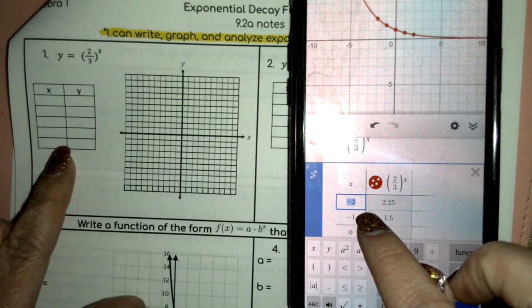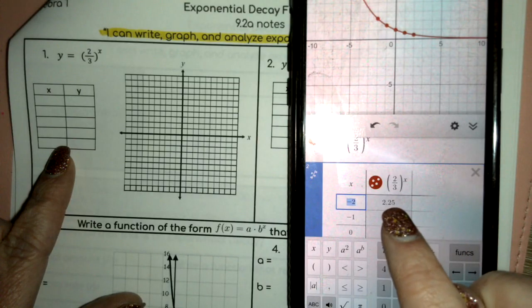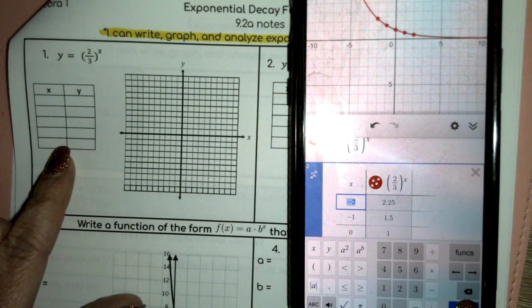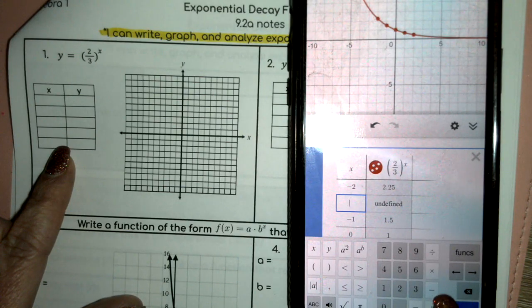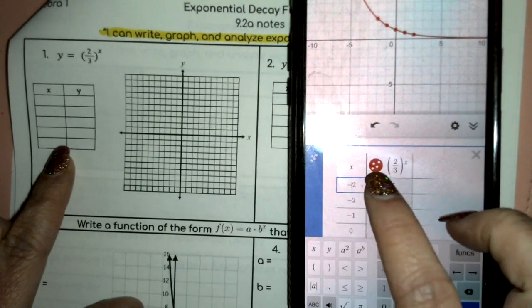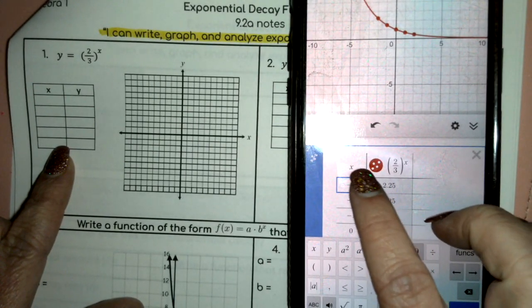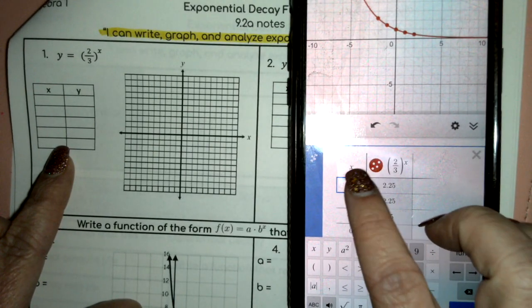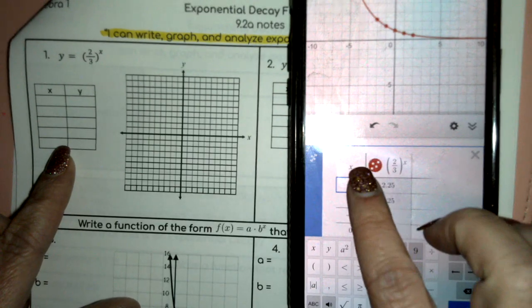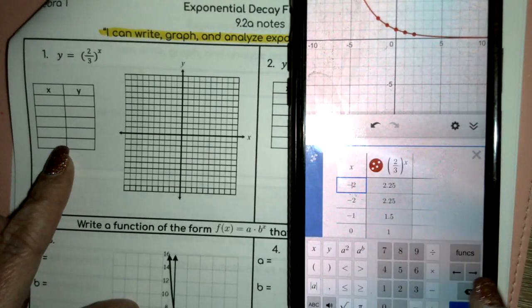Remember how we needed to go from -3 to +3 on our homework? It's highlighted at -2. If you hit enter, you can type -2 in there and change the original -2 to a -3.